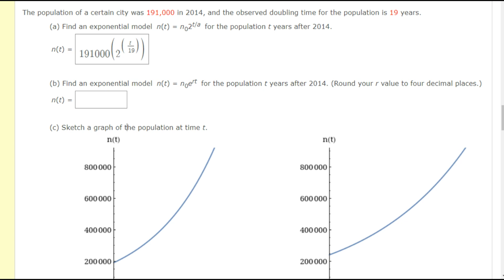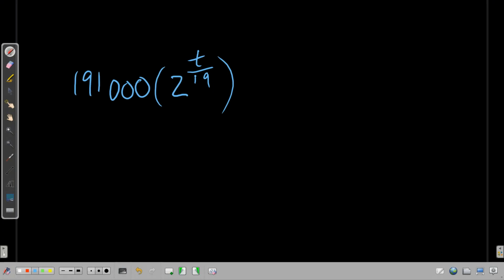It's the same model, except I would need to incorporate just that base e. Right? 2 to the power of 1 over 19 has got to equal e to some k.